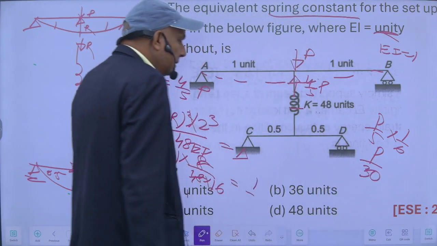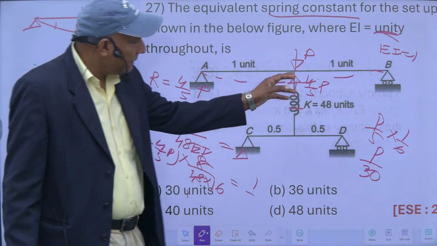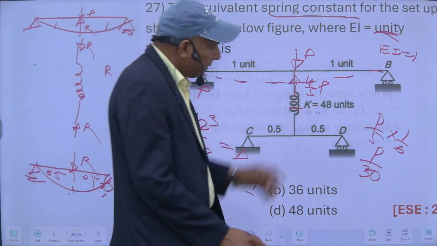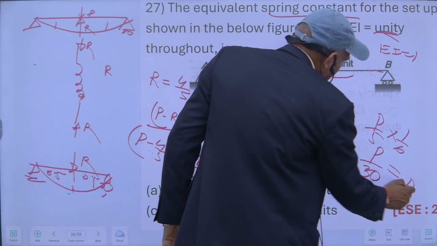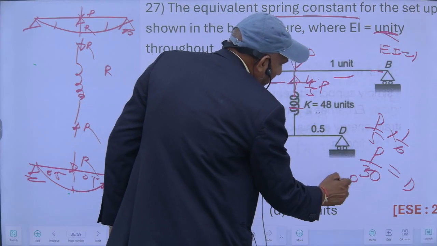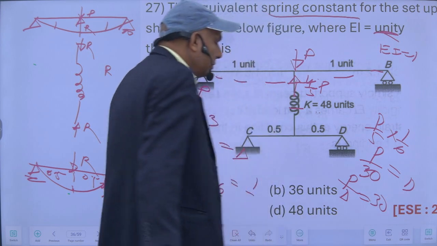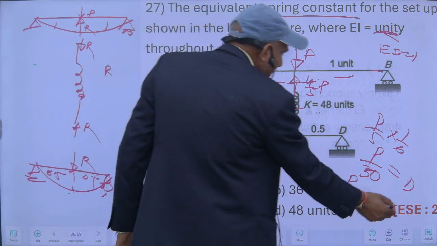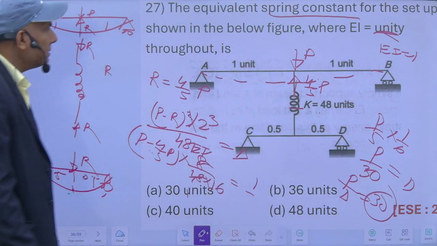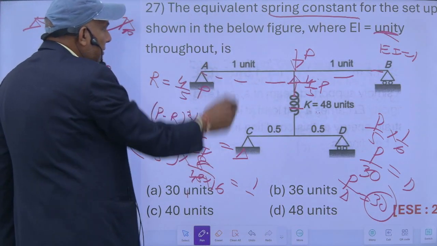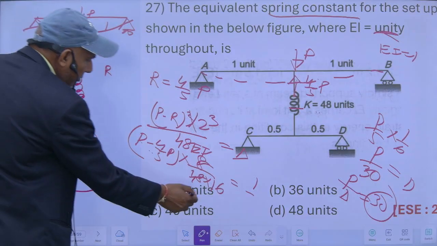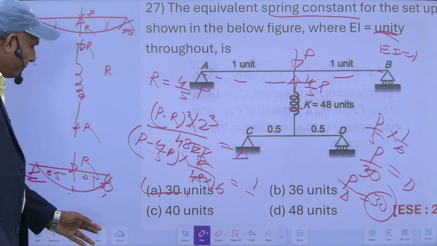So P upon 30 will be the deflection delta at this point, and this load P upon this delta will be 30, and this load upon delta is nothing but the equivalent stiffness. This is the equivalent stiffness of this set. So this will be 30 units.